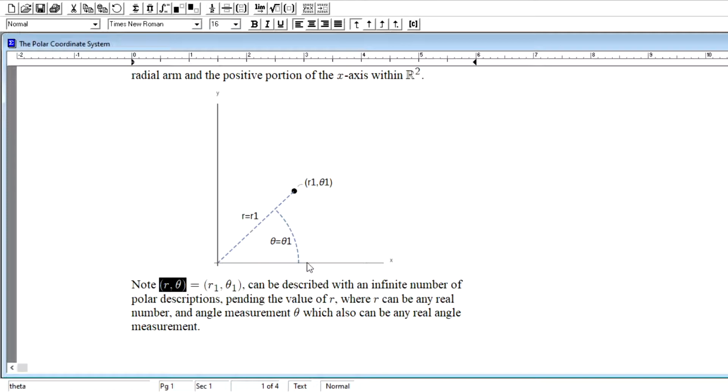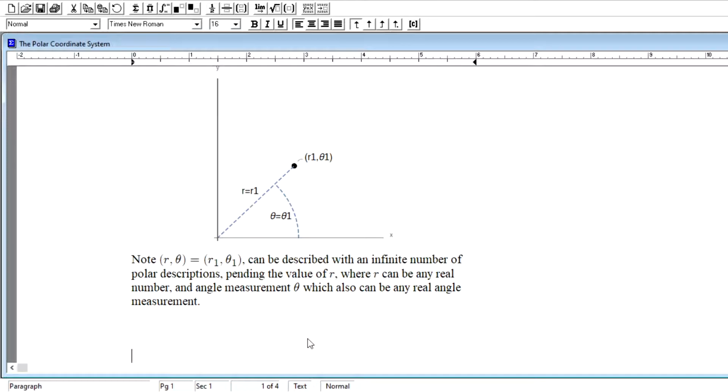That's a little different than describing that location in the xy coordinate system. If I was to go back and describe this location with respect to x and y, there is only one x and only one y value that this location is occurring at. In terms of polar coordinates, though, there's actually an infinite number of different descriptions that we could develop for this description given by r1 comma theta 1.